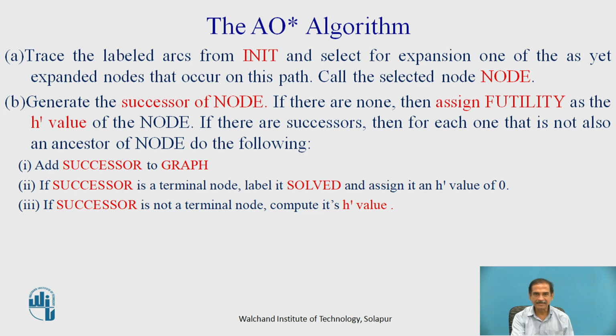If there are successors, then for each of them that is not also an ancestor of the node, do the following. Add the successor to the graph. If the successor is a terminal node, that is, an elementary node, label it as solved and assign its h dash value to be 0. If the successor is not a terminal node, then compute its h dash value.